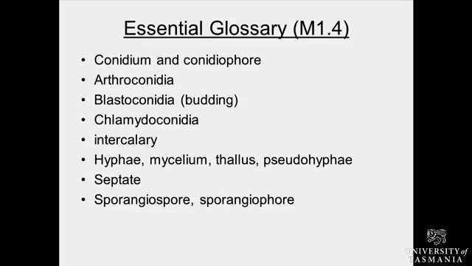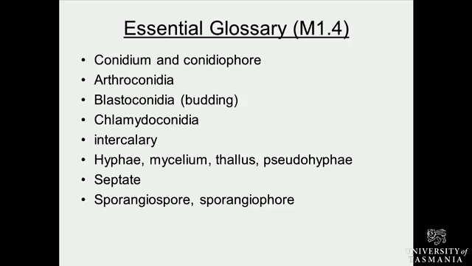There are sometimes in some fungi a funny thick-walled structure which was thought to be some kind of form of reproduction, that's called a chlamydoconidium. As it turns out, these are storage granules for nutrients.